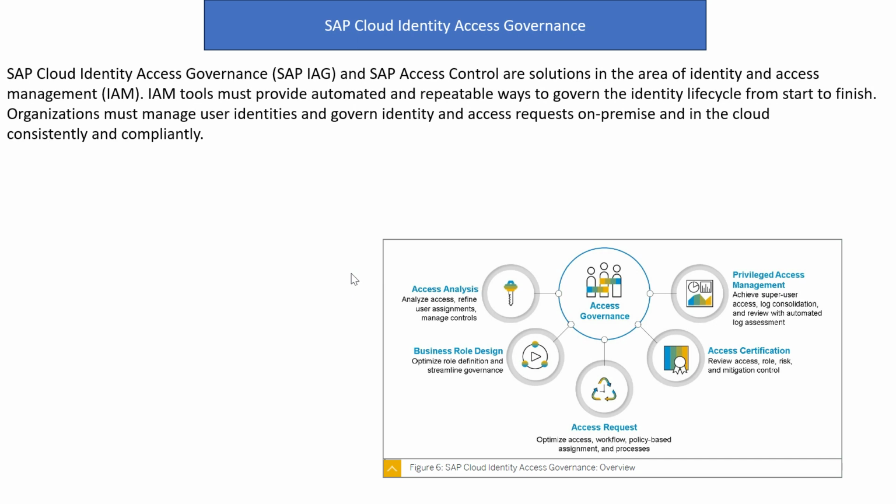So when you onboard, and when you leave the organization, it will govern the identity life cycle from start to finish, as we know it from GRC Access Control, even from Identity Management, IDM.